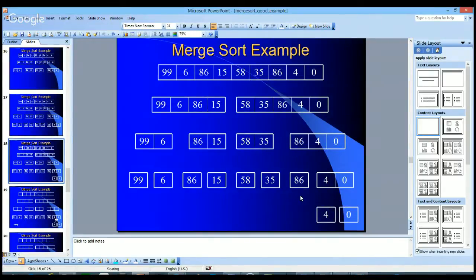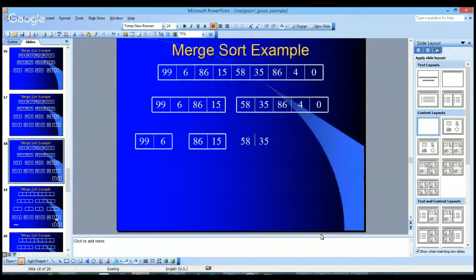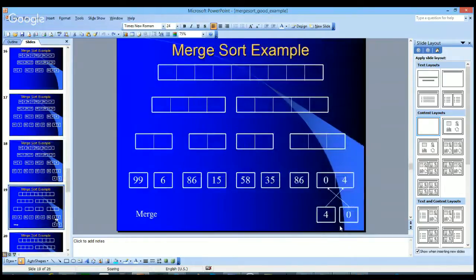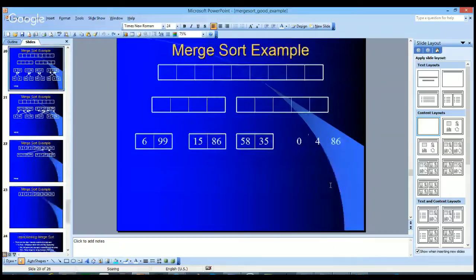Now it starts the merging up part. It starts from the bottom level and compares the two numbers and sorts them accordingly. So it sorts 4 and 0 as 0 and 4.